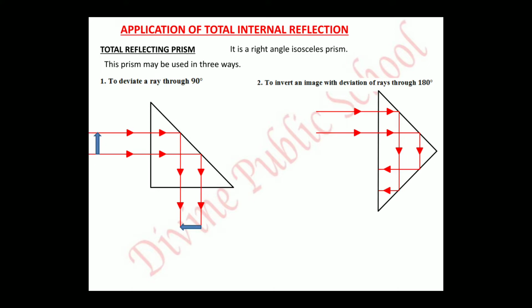Again they fall on the surface normally, and therefore they suffer no refraction and they move on a straight path. So if you see image and object, when the rays are emerging out, the image is inverted. So here we deviate the ray by 180 degree and we invert an image also.